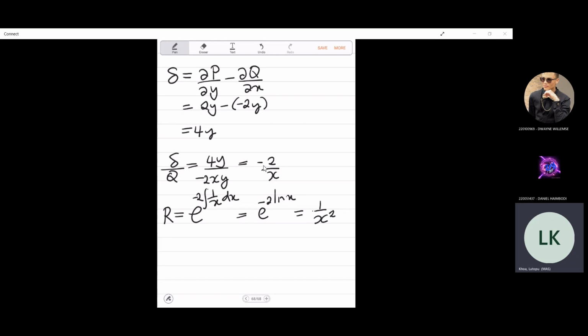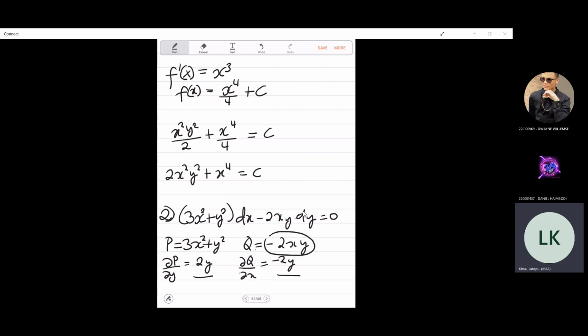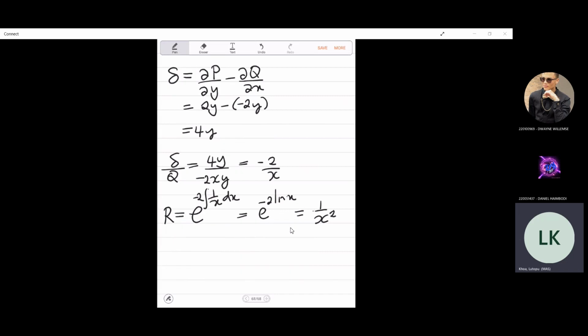Okay, so now we have our integrating factor. What we do is we multiply the differential equation by the integrating factor. So I have 1 over x squared here, 1 over x squared there, and then what I should have after that should be exact.